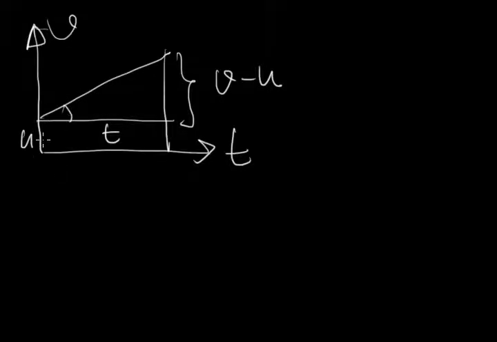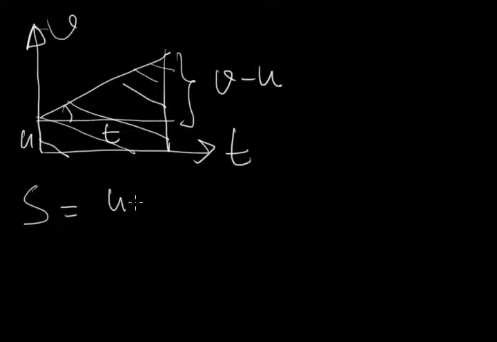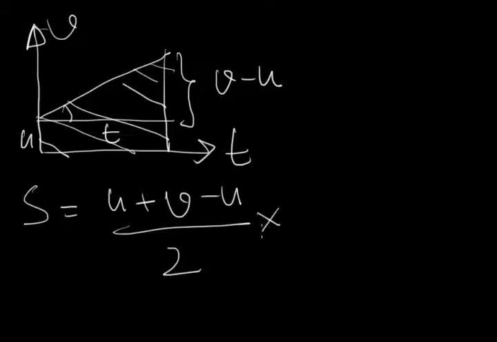Now if I consider the graph as a trapezium like this, then what can I write? I can write the distance as this arm is u, and this arm is v minus u by 2, into the height, which is equal to t.